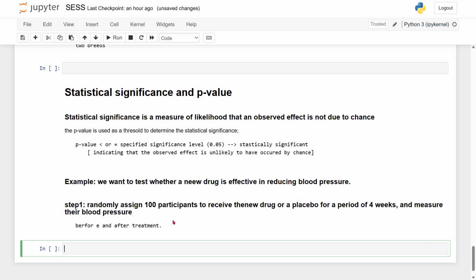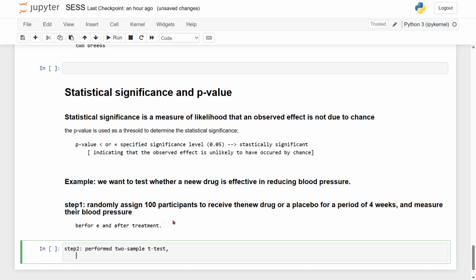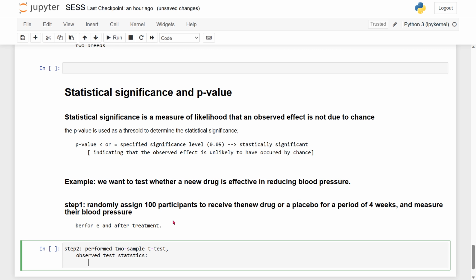The observed test statistic is minus 2.45.